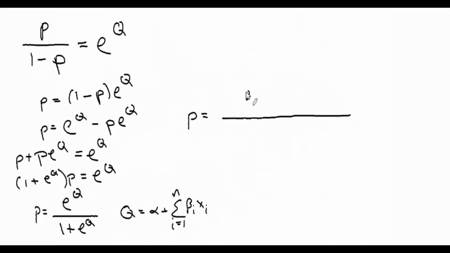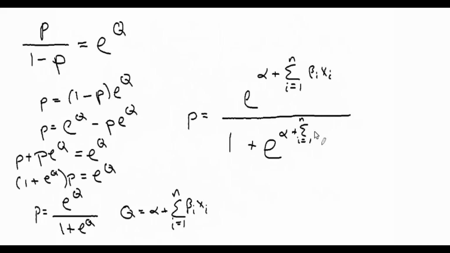So we'll have e to the alpha plus the sum from i equals 1 to n of beta sub i, x sub i, over 1 plus e to the alpha plus the sum from i equals 1 to n of beta sub i, x sub i. And that is our expression for calculating P from a logistic regression model.